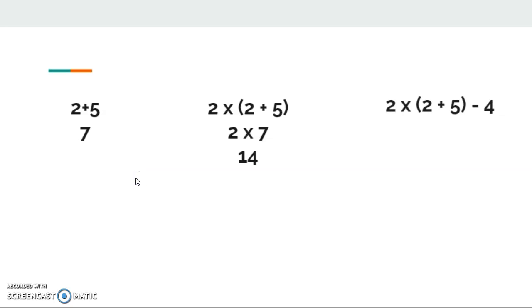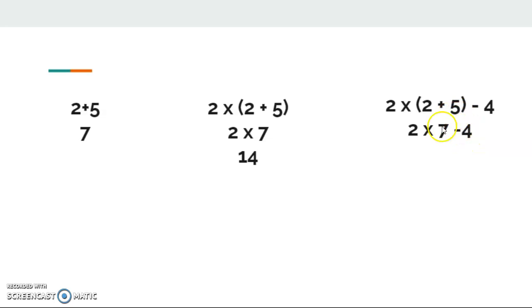Let's extend it a little bit more. So here I have 2 groups of 2 plus 5, 2 combined with 5, and then I'm going to remove 4. So that would make 2 groups of 7, take away 4.